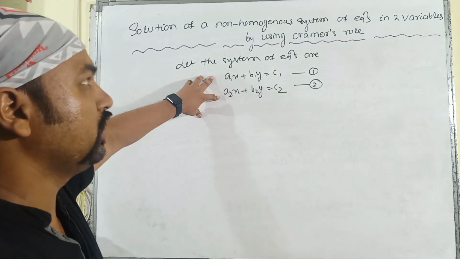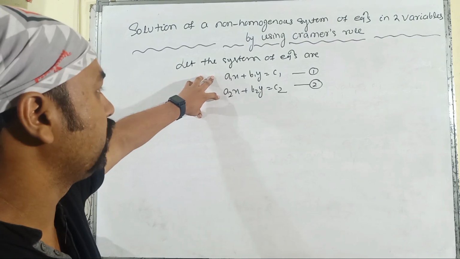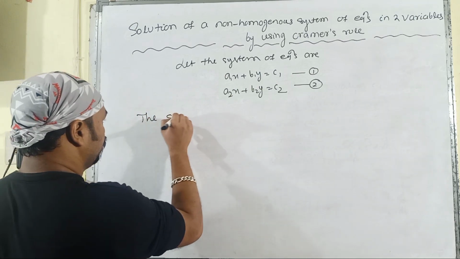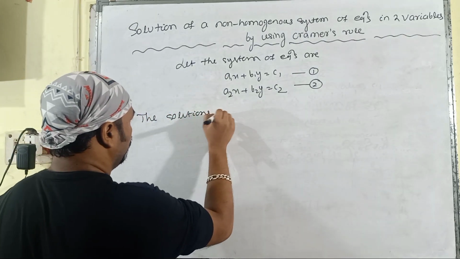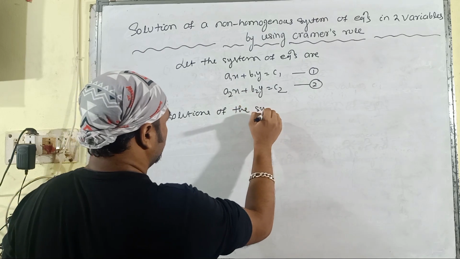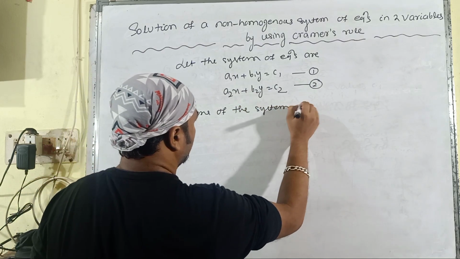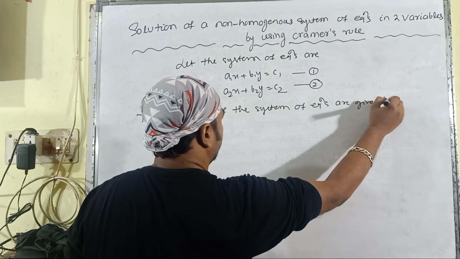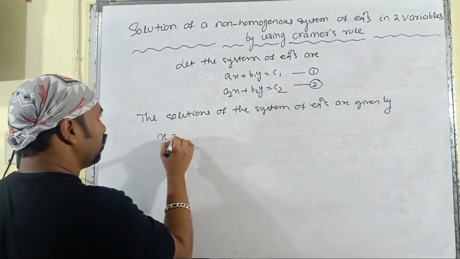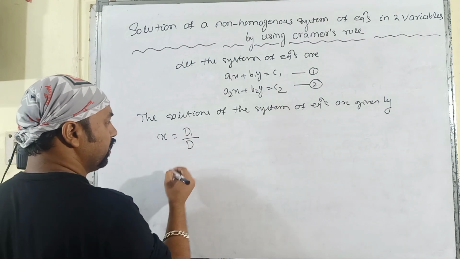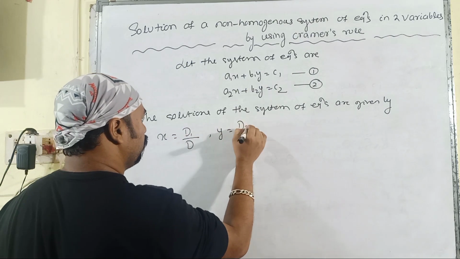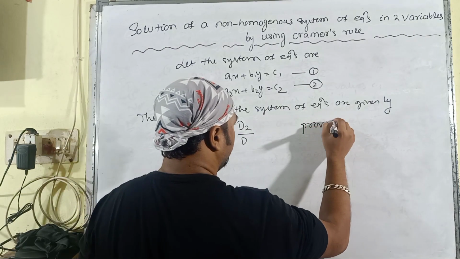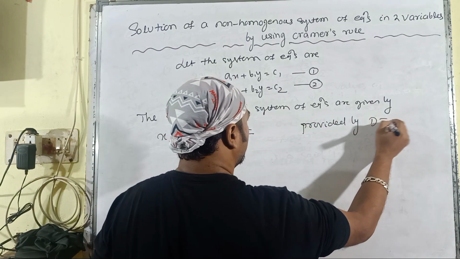These are the simultaneous system of equations of two variables x and y. The solutions of the system of equations are given by x is equal to D1 divided by D, y is equal to D2 divided by D, provided D not equal to 0.